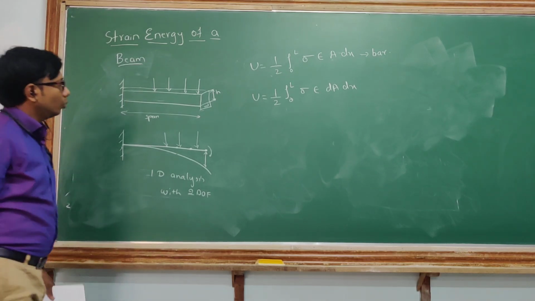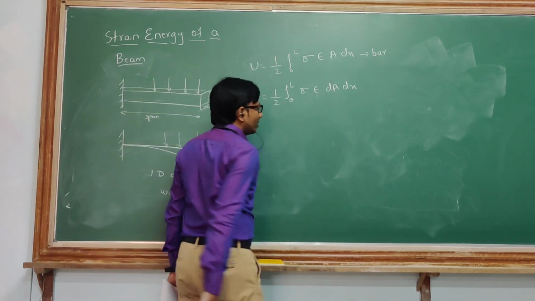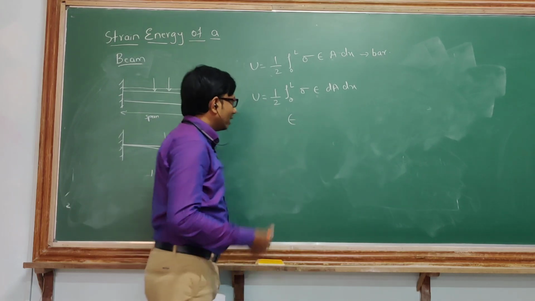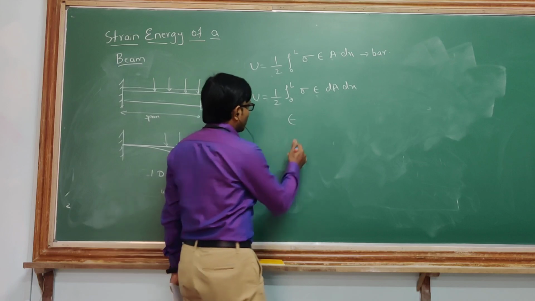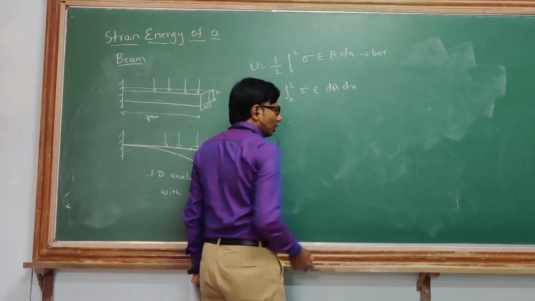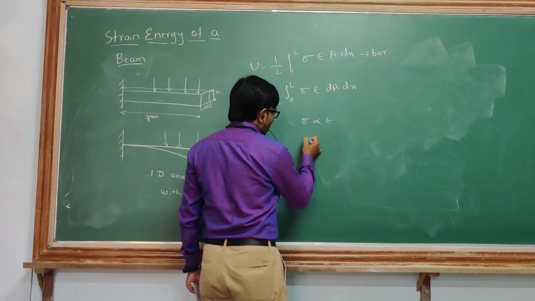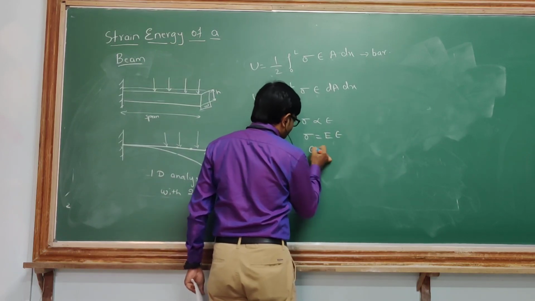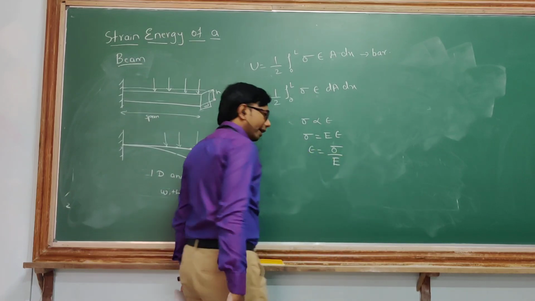Now we will do some modifications. I will convert the strain here. I will not write strain as du by dx, I will just use the general principle. Using Hooke's law, stress is directly proportional to strain, so stress is equal to Young's modulus into strain, and strain is stress by Young's modulus.